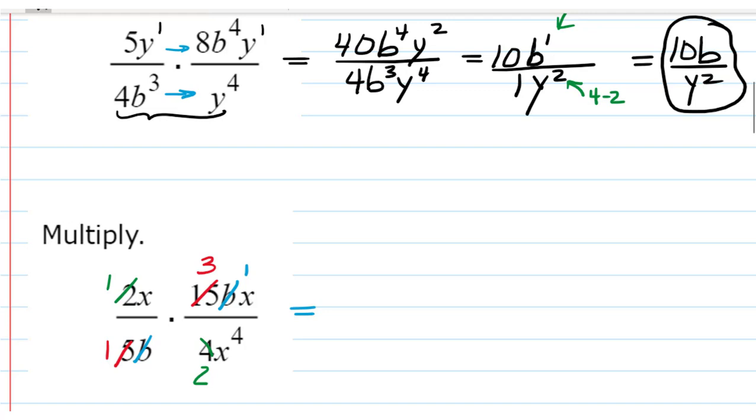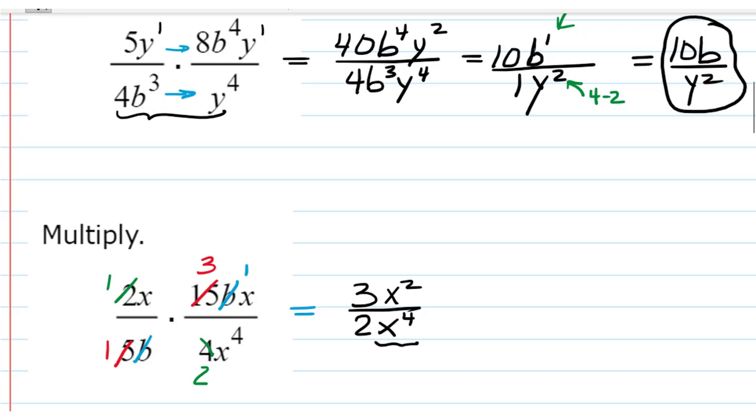So we'll have, let's see, 1 times 3 times 1 is just 3, and then x times x is x squared. And then in the denominator, I'll have 2 times x to the 4th. Now let's decide, are we going to have more x's left in the bottom when we cancel out or in the top? Right now we have 4 copies of x in the denominator and only 2 in the numerator.